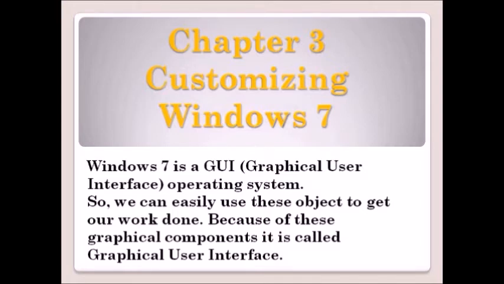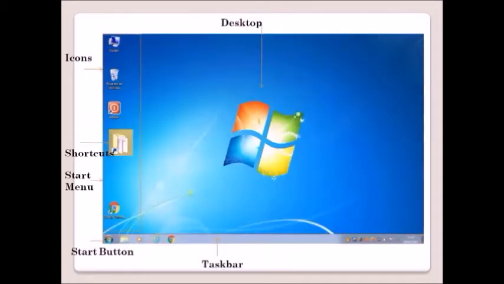Let us first understand the use of these Windows components. Look here, these are some Windows 7 components. The first is the desktop, the first screen which appears on your computer. Second are the icons, small graphical objects which show the various programs, files and folders.